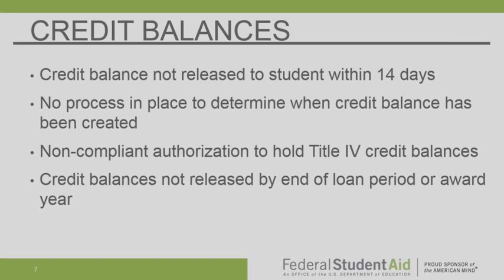I think this is a theme we've talked about a little bit throughout the last couple of days: there's a partnership between your business office, your financial aid office, the registrar, and the academic advisors.